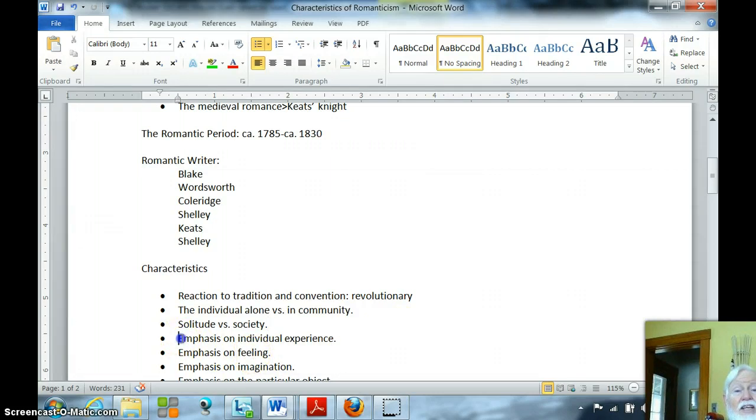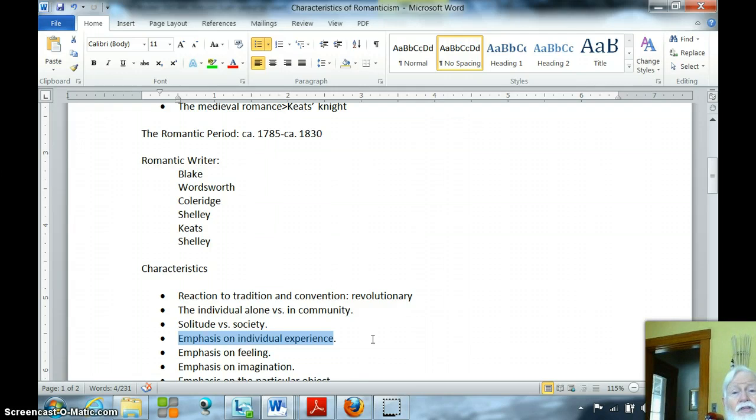There is then an emphasis on individual experience, specific individual experience, as opposed to the experience of people in community, the experience of communities. Let me give you a very familiar example. Experience of people in community would be something like the American Civil Rights Movement.